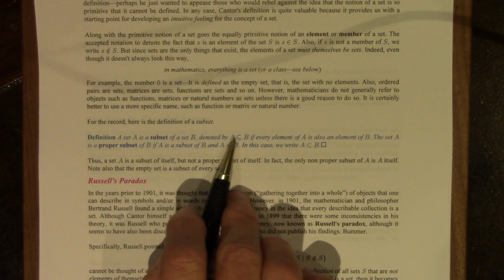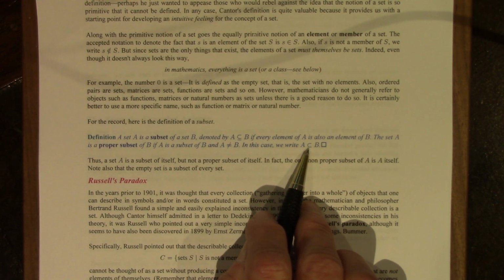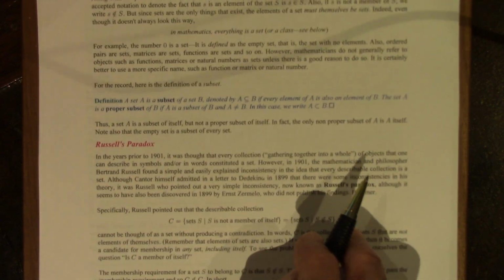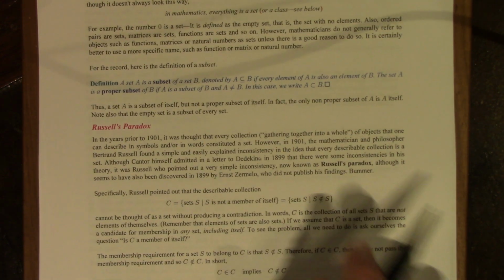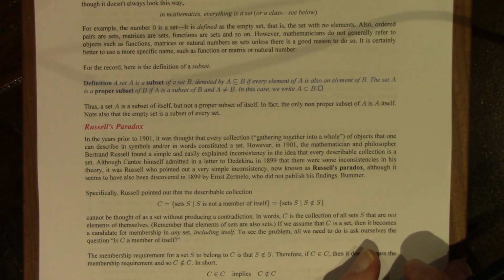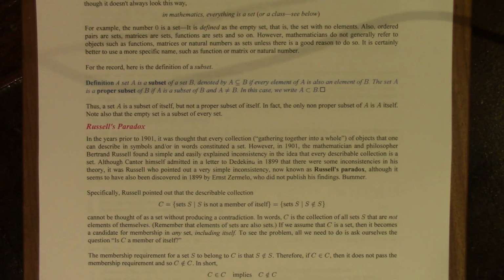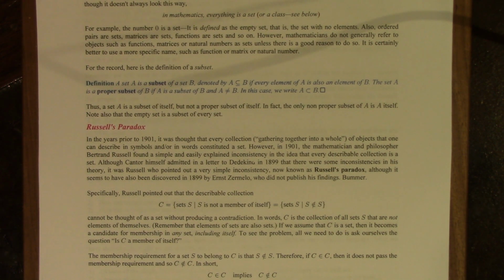These two notations are quite common for subset and proper subset, but they're not the only ones. Of course, a set is a subset of itself, but it's not a proper subset. It's the only non-proper subset. The empty set, which you may know about, is the set that contains no elements. That is also a subset of every set.